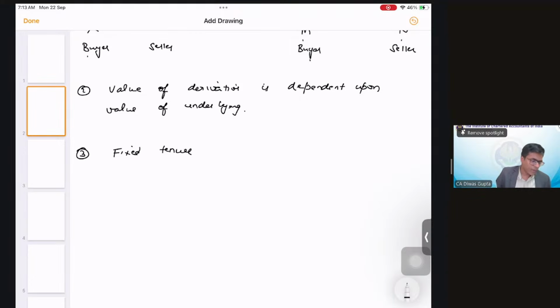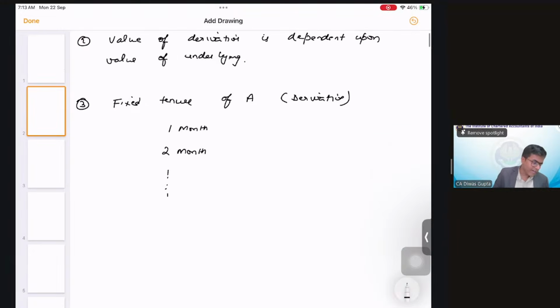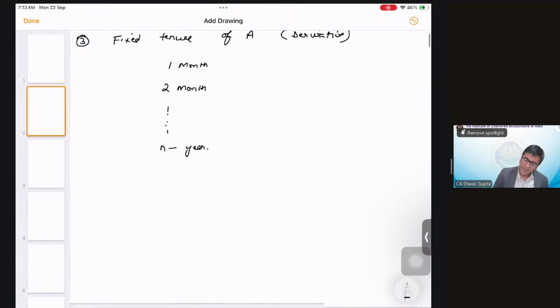So the fixed tenure of A, which is a derivative, can be 1 month, it can be 2 months. Likewise, it can be, let's say, a year. I'm just taking n years, so it can be 1 year, 1.5 years, 2 years, it can be anything, right? But it has to have a fixed tenure.